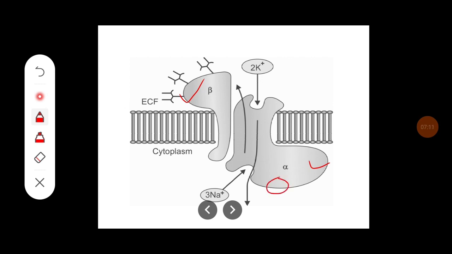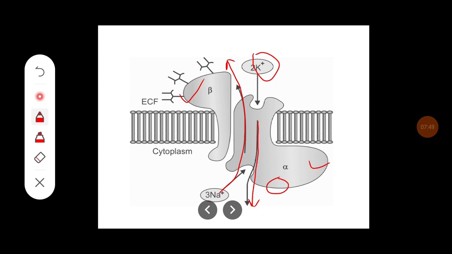When 3 sodium ions and ATP bind, there is a transfer of energy which causes configurational changes in the alpha protein, which moves the sodium out of the cell. That leads to binding of 2 potassium ions from outside the cell, which causes dephosphorylation, leading to configurational changes in the alpha subunit again, which helps in the movement of 2 potassium ions inside the cell.